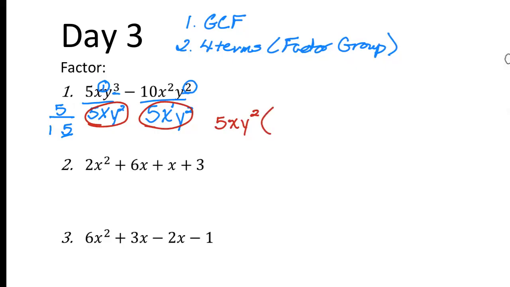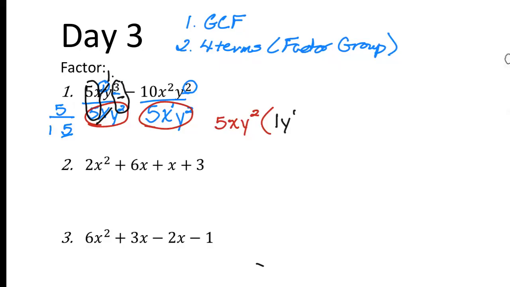I have factored out the 5xy squared, so what I have left is 5 divided by 5, which is 1. X to the first divided by x to the first simplifies to 1. And y to the third divided by y to the second: I had 3 y's multiplied and I am taking away 2, so I have a y to the first left.